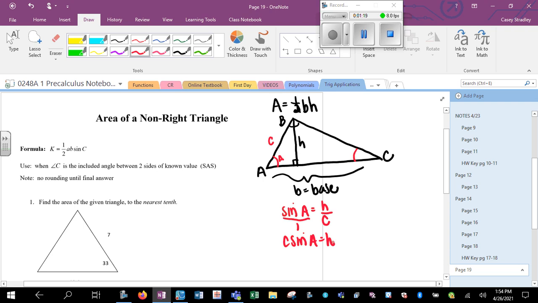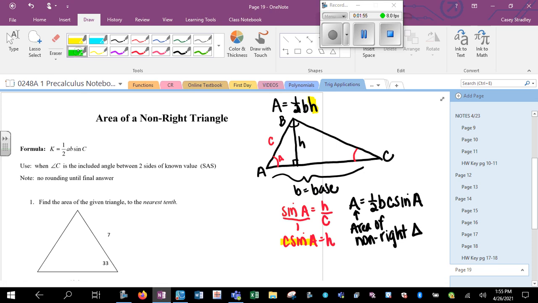And that gives us a hypotenuse equivalent to C sine of A. I'm going to take this value for C sine of A, substitute it into my geometry formula for area of a triangle, and I'm going to come up with a new area which says 1/2 side B side C times the sine of angle A. And this is the area of a non-right triangle. This is the formula that we're going to explore today.